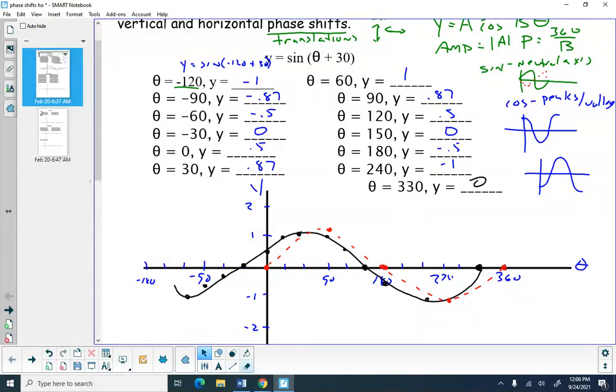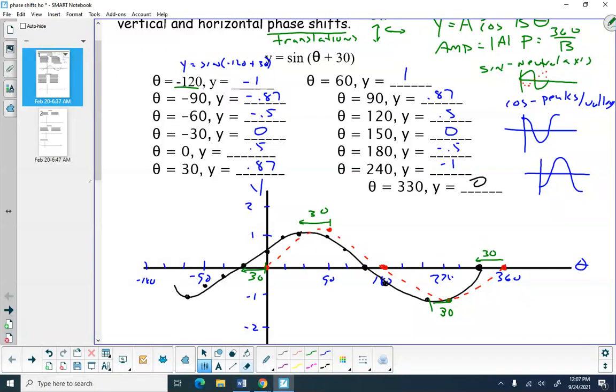And when we slide it over to the left, we take a look how many degrees we have slid it. If I take a look at every point that we're working with here, we have slid it 30 degrees to the left. Every one of our points has been slid 30 degrees to the left.